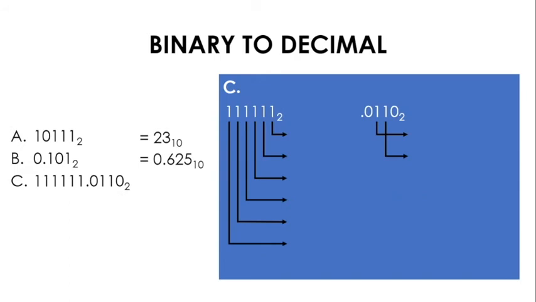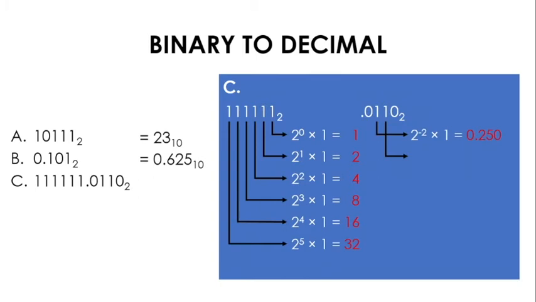For the third example, we will just do the same thing as we've done in the previous examples. So for the whole number, we will start from the rightmost part and then we'll proceed to the fractional part, starting from the leftmost bit closest to the decimal point, and add the products.